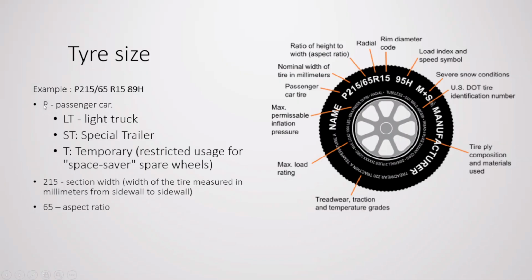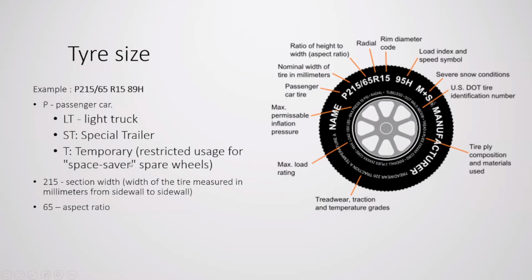The first one, P, is for passenger car. If it is LT, then the tire is recommended for light truck. If it is ST, it is called special trailer. And if it is T, that means temporary.